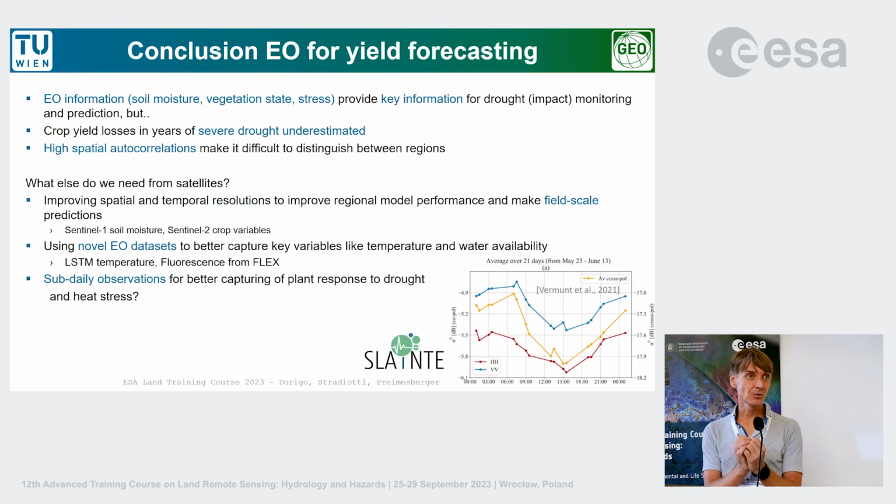There is a strong drought signal. The plants react within the course of a day to stress conditions, and we cannot monitor that with current satellite fleets because they give us a daily observation at most, but more often every 2 or 3 days. So we would really like to look at this at the sub-daily level.